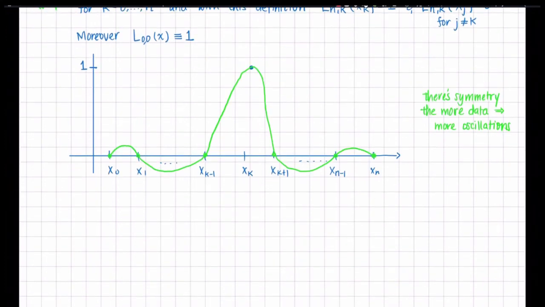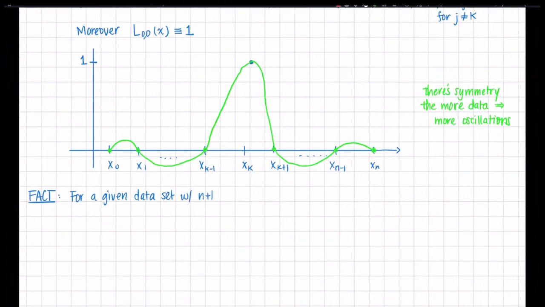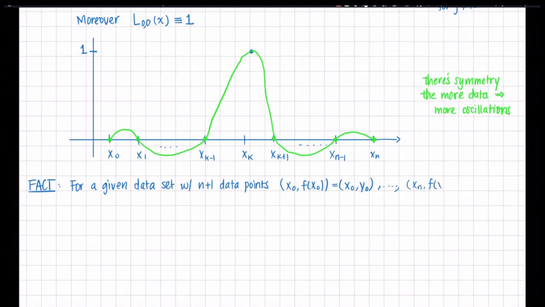Now, a fact: for a given data set with n plus 1 data points, I'll call these x naught, f of x naught, which is the same as x naught, y naught, all the way up to xn, f of xn, which is the same as xn, yn. This is the n plus 1 many data points.